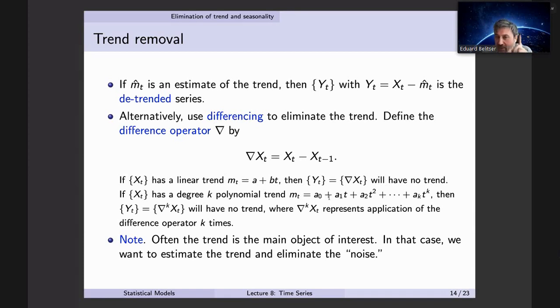Any nice function can be approximated by a polynomial. So in principle, by applying this differencing operator, you can always remove the trend, more or less.